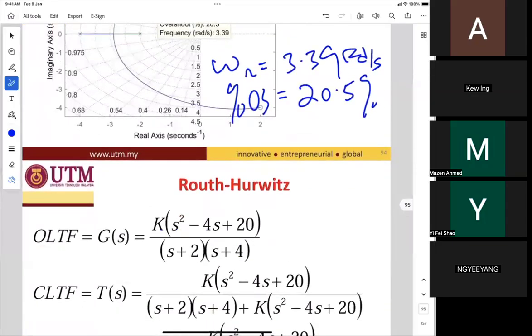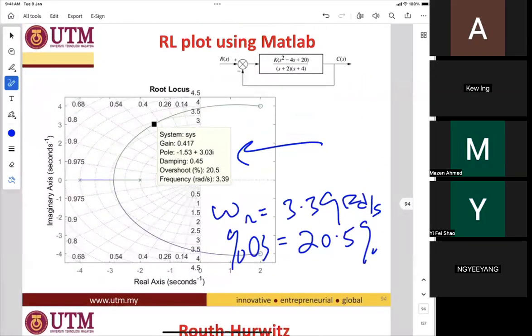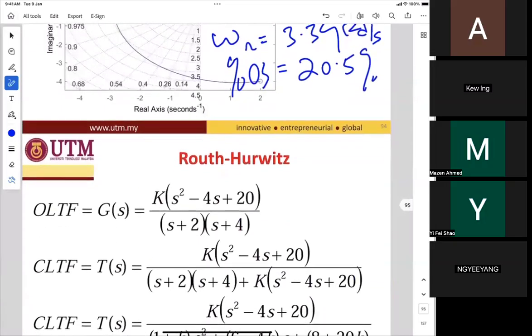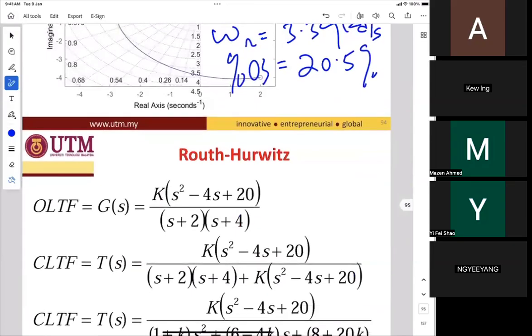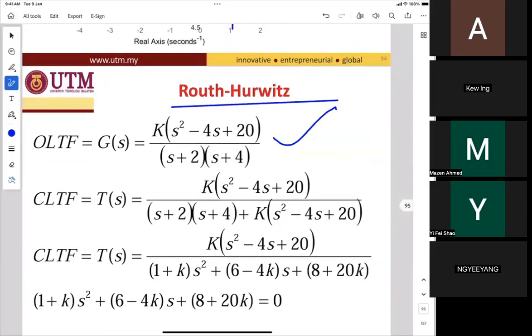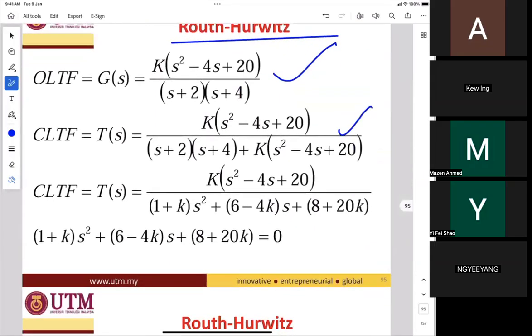Okay. So to validate this value, the J omega crossing, where the root locus intersects the imaginary axis, we use the Routh-Hurwitz. Taking the open loop transfer function, then convert to closed loop transfer function, and take the denominator of the closed loop transfer function equal to 0.